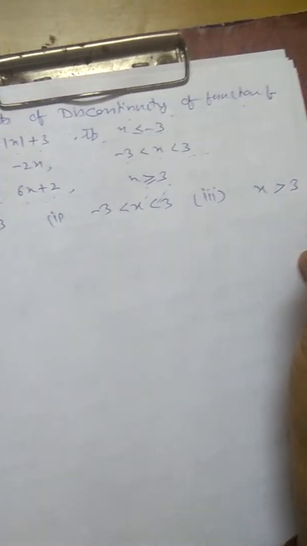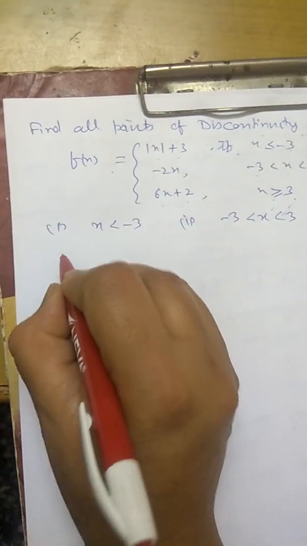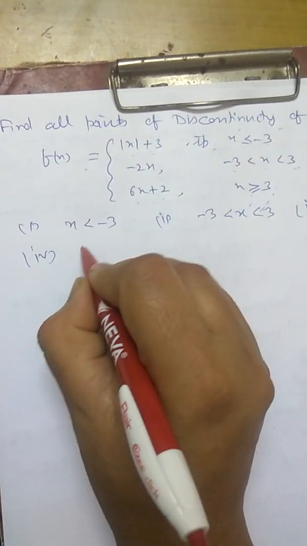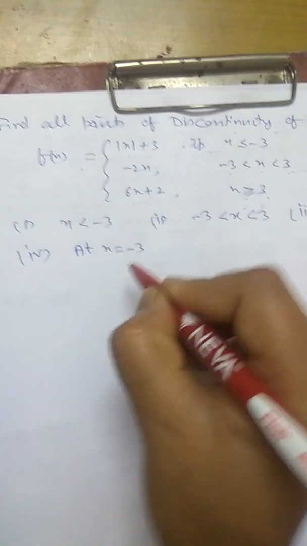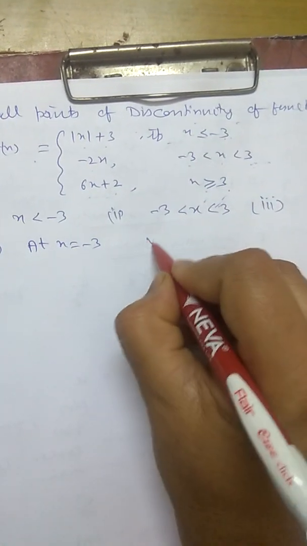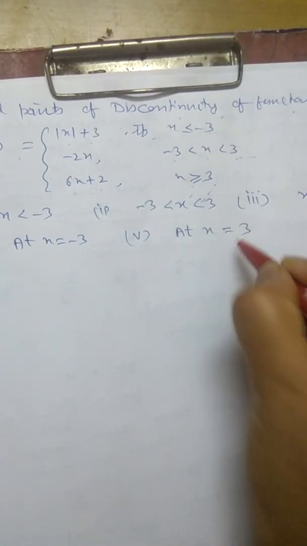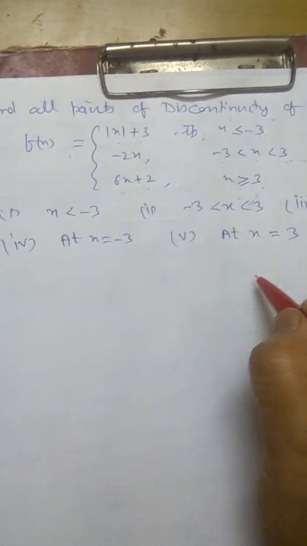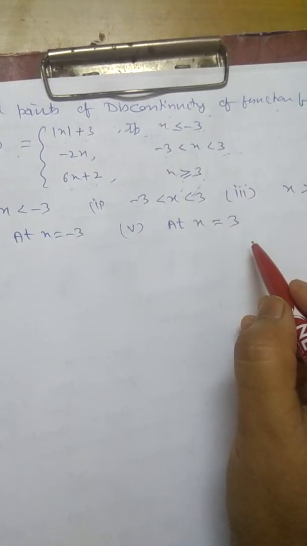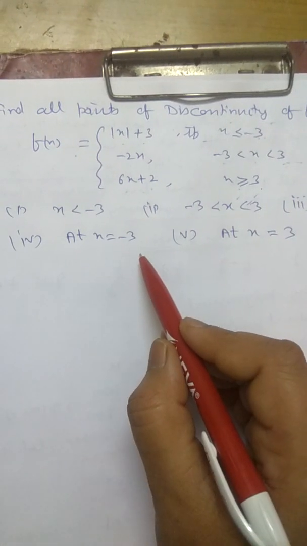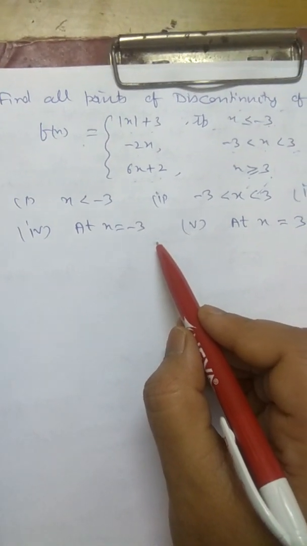Fourth case, particularly at x is equal to minus 3. And fifth case, at x is equal to 3. That means at these five cases, we have to check for the continuity.